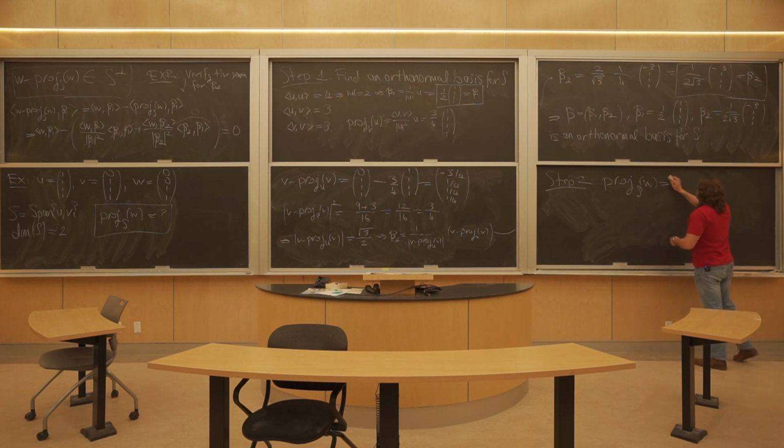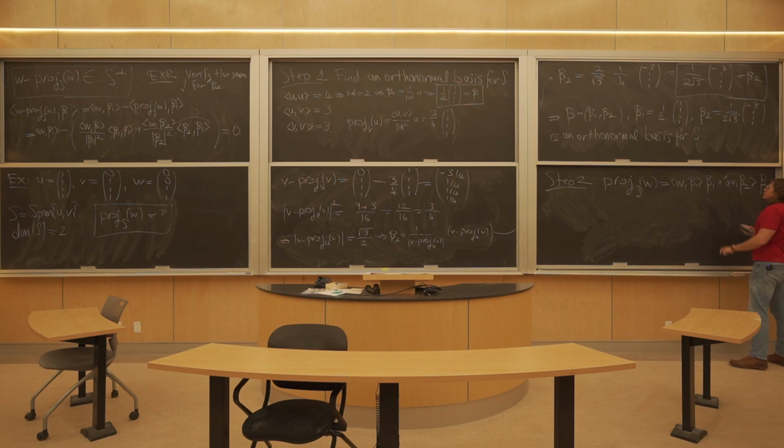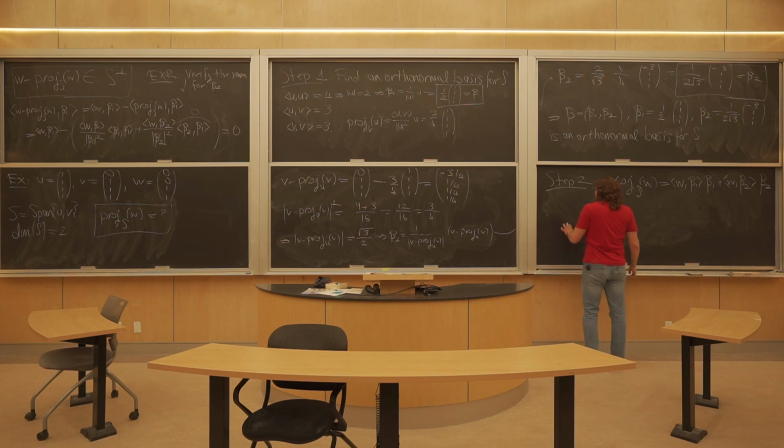It's going to be slightly faster. So I need to compute these inner products now. So W is 0, 0, 1, 1. So what is this now?